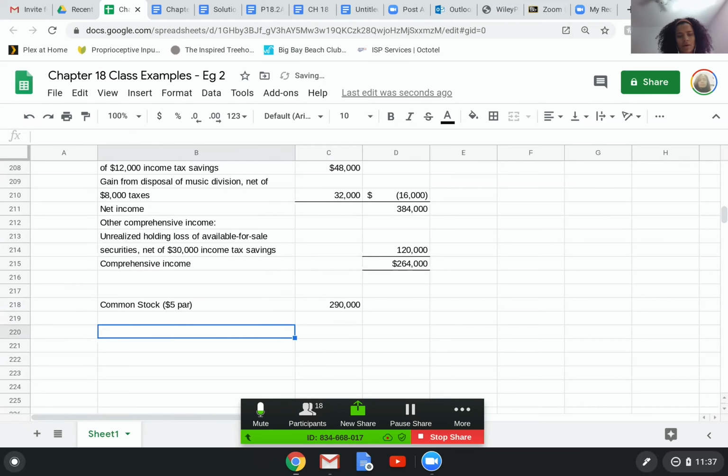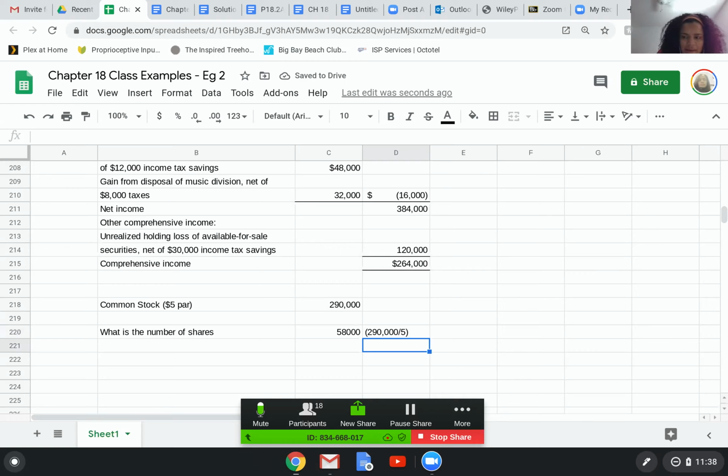What is the number of shares? You're going to say 290 divided by 5. It's $290,000 divided by $5 per share, so it should be 58,000. I don't think they're averaging the 2 years. I can double check now and let you know. But this is how you would get to a number of shares.